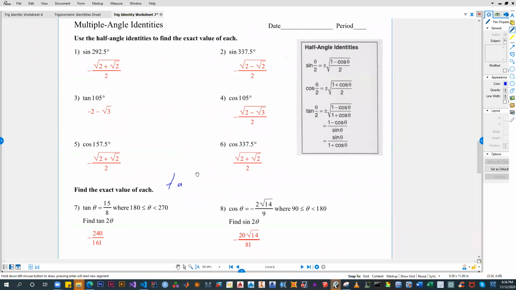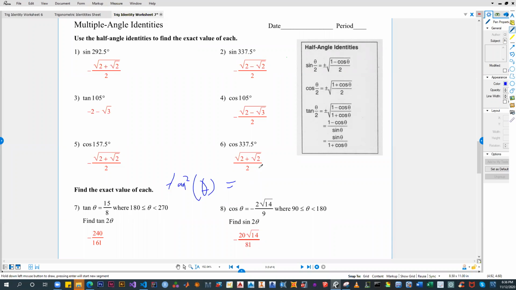Okay, so if you did the tan squared of phi, it'll be 15.